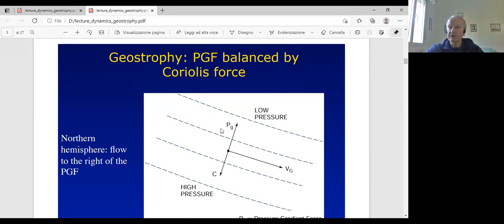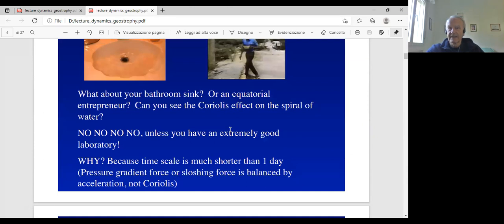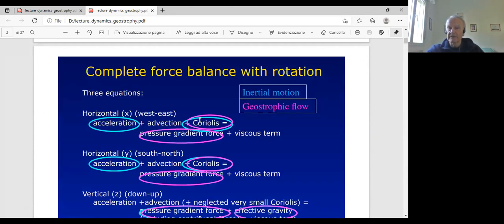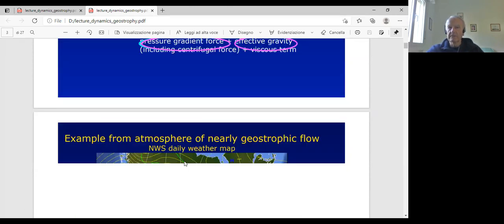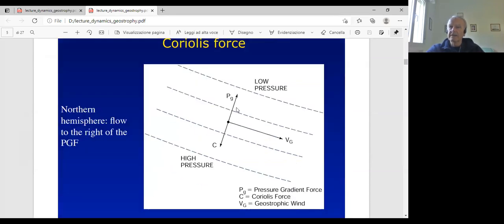So these two forces are in balance. This is the thing, right? Pressure gradient force balances the Coriolis force. These two are in balance according to the equations of motion, because we are neglecting all the other terms.